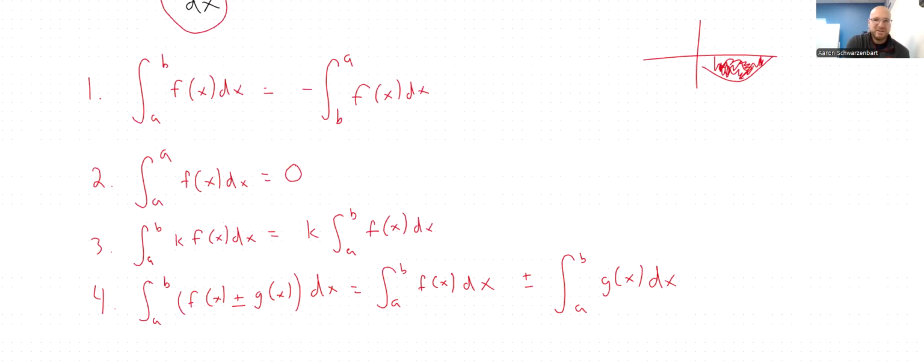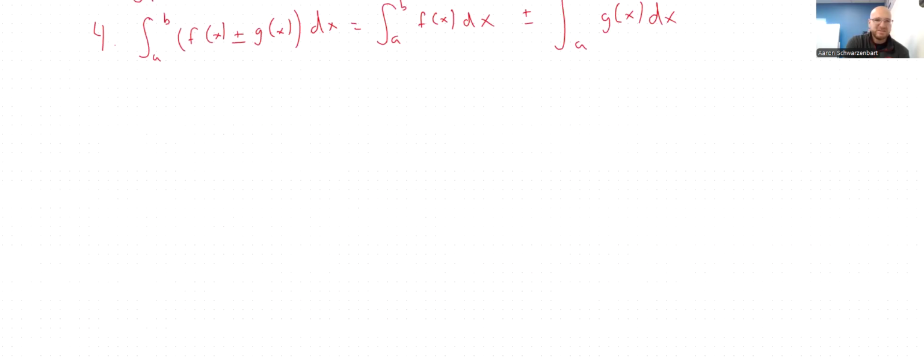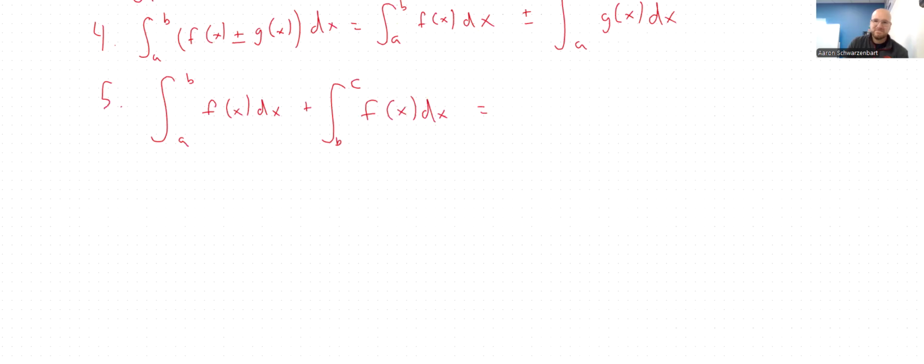Rule 5. This one's a little interesting, but it mostly makes sense. The integral from a to b, so if I go a to b and then b to c, that's the same as just going a to c.